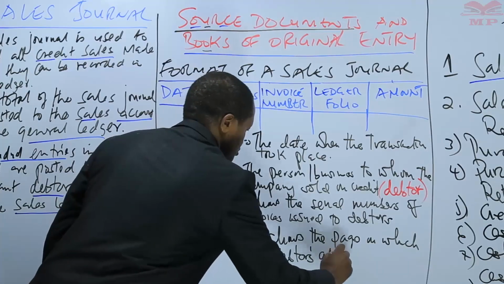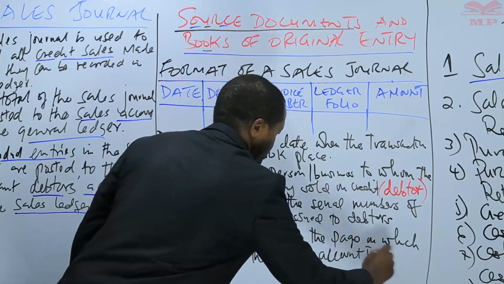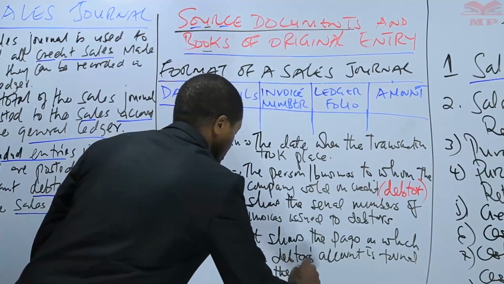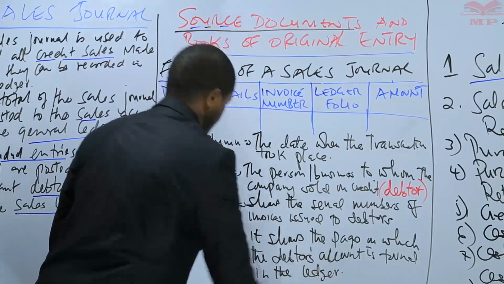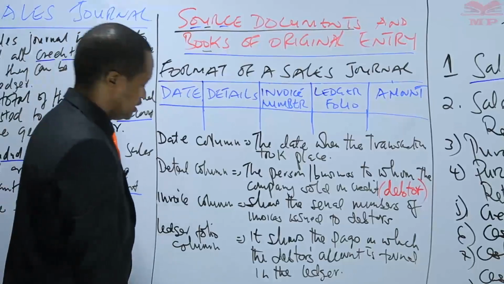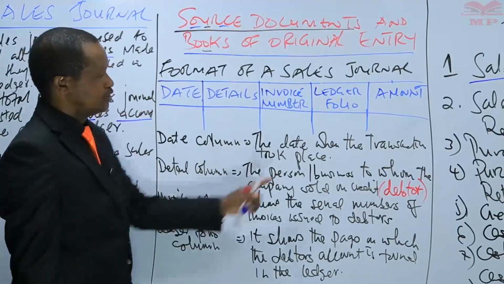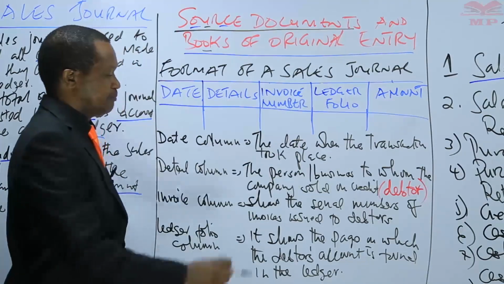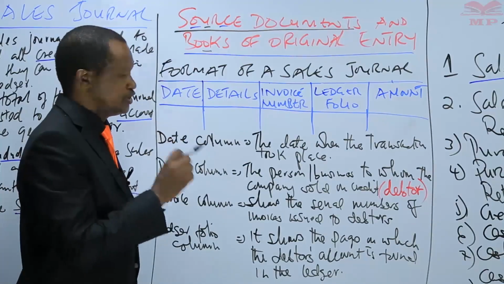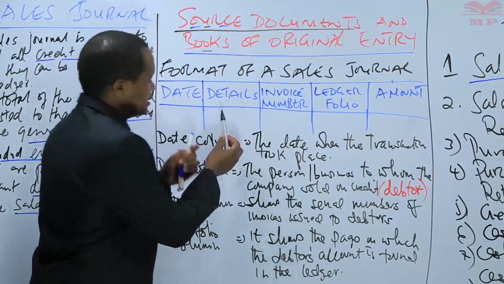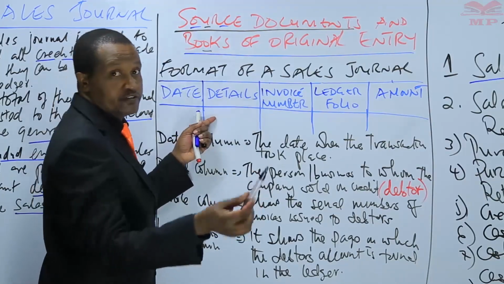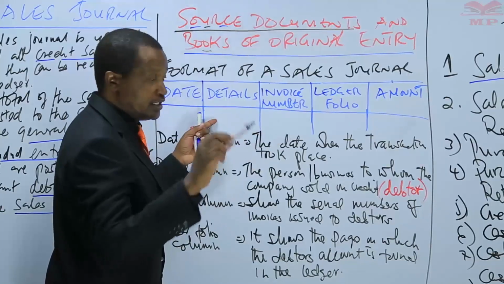This column will indicate the page on which this debtor's account is found in the ledger.